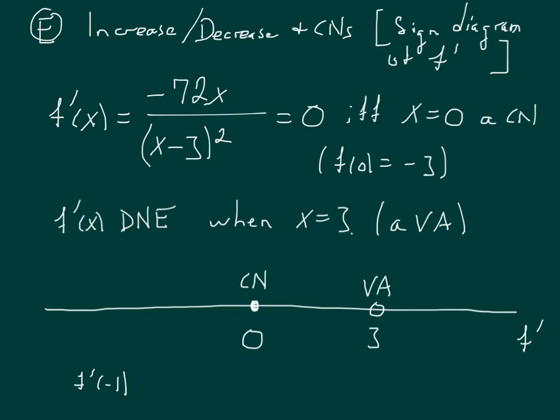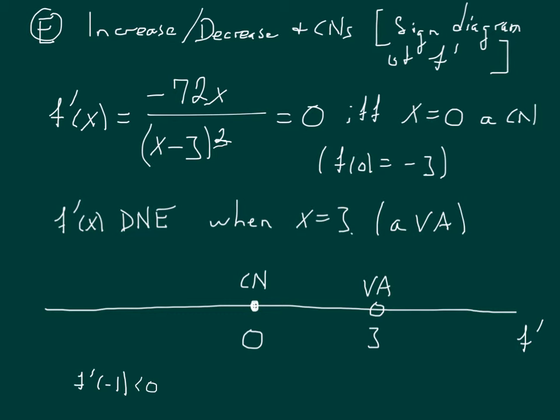No, you probably noticed this and have been very concerned, but not to worry, I notice now. f prime of x is actually minus 72x over x minus 3 all cubed. All right, everything else is fine to this point. f prime, though, at minus 1 is actually going to be negative times negative is positive over a negative, which is negative. So it's going to be less than 0.